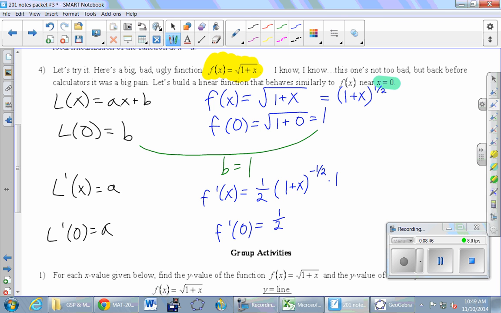So 1/2 times (1 plus nothing) to the negative 1/2. And this is really just 1 to any power, which is 1. So the whole thing is just half. So if we're going to make the line and the original function agree in terms of their derivative, then how much is a? It's 1/2.